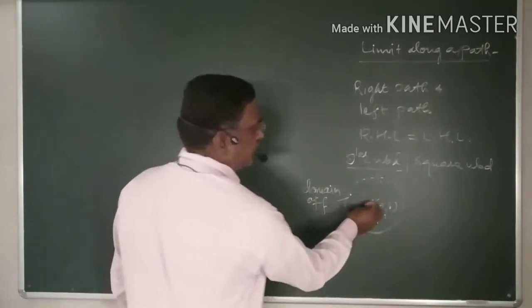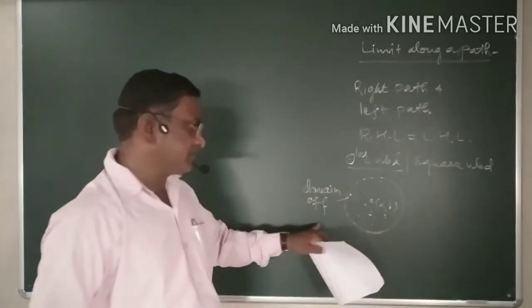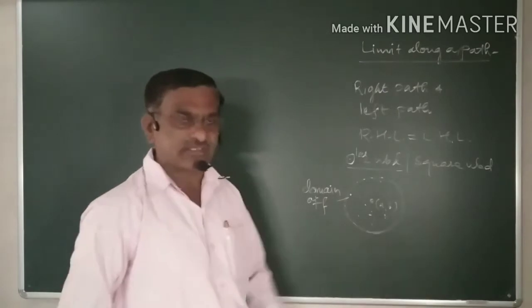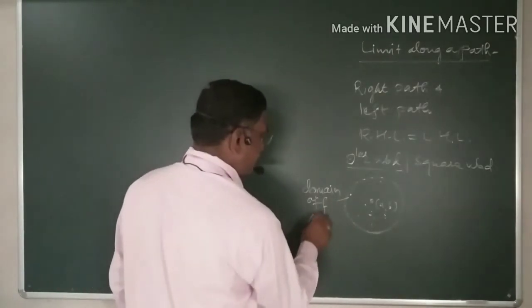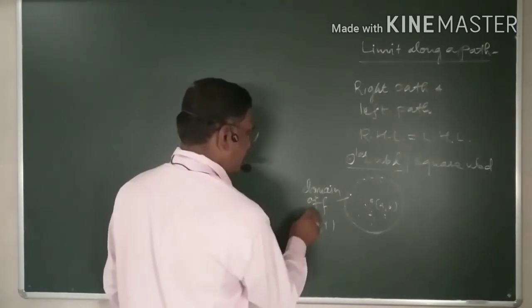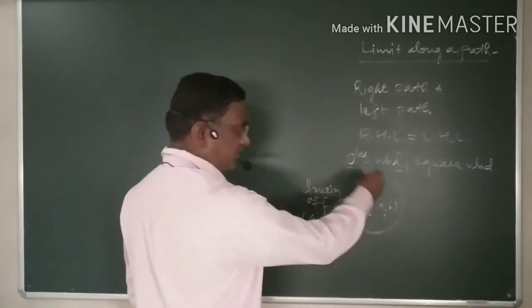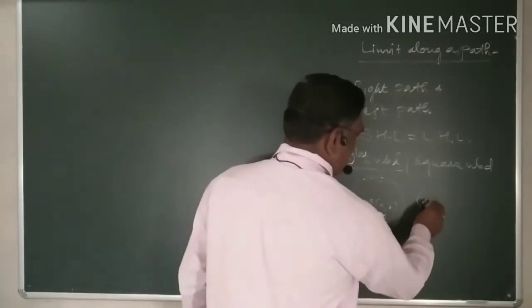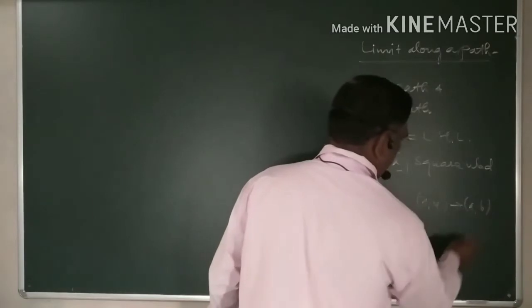Now whenever we consider the limit of f(x, y), which is defined over this domain, we consider (x, y) tends to (a, b).